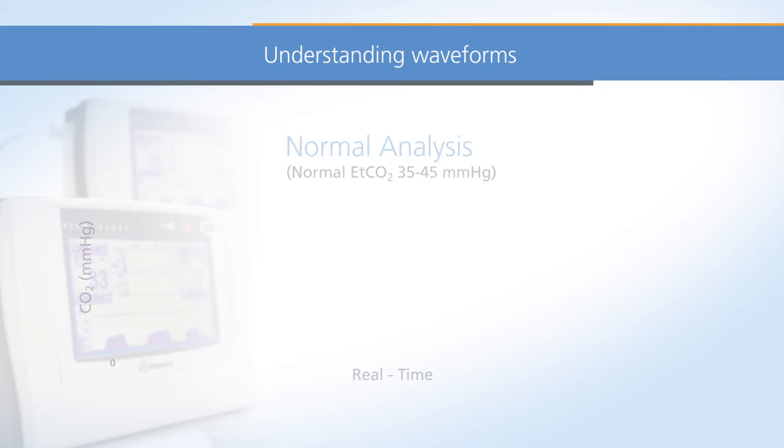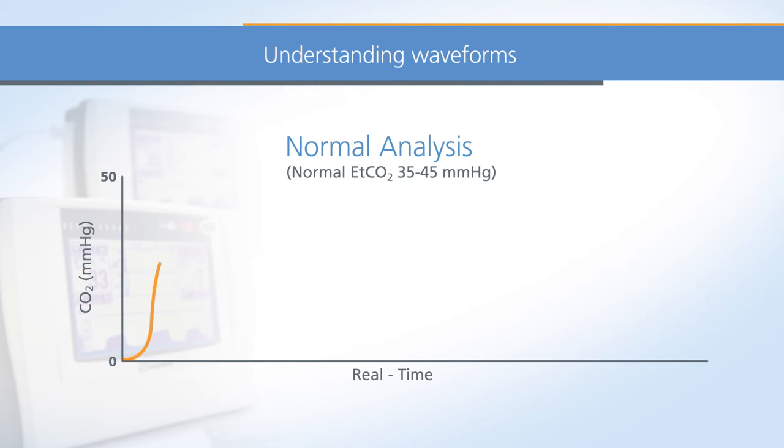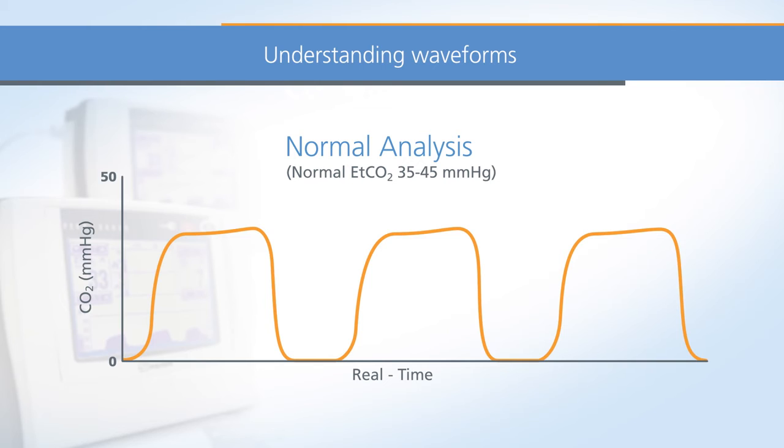Let's take a moment to go through the analysis of CO2 waveforms. This diagram shows the normal CO2 respiratory waveform pattern. Starting with a baseline of 0, the beginning of exhalation is the upstroke of the waveform. Exhalation plateaus at the top of the waveform just before the next inhalation downstroke.